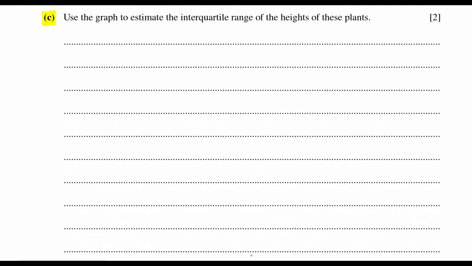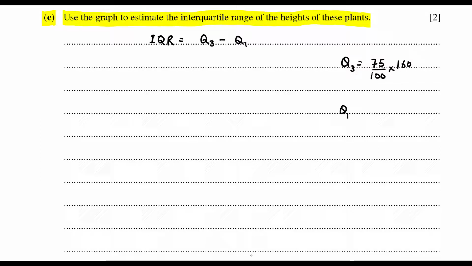Now in part C, use the graph to estimate the interquartile range of heights of these plants. Interquartile range is IQR, which is the 75th percentile minus the 25th percentile, and symbolically we write Q3 minus Q1. Q3 is 75% of the total, so 75 over 100 into 160, and Q1 is 25% of the total 160.